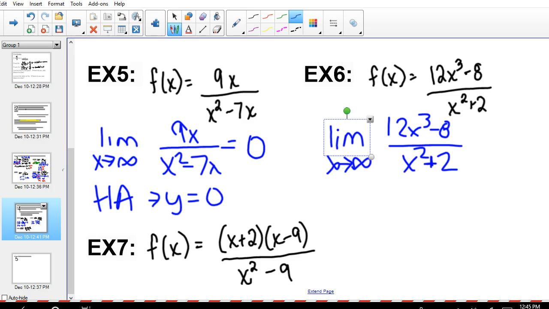In this particular case, because you've got a 12x to the third, that's your highest exponent, and that 12's positive, this limit would be infinity. But is infinity a limit? It is not. So this tells me that the graph goes up and up forever, which means there's no horizontal asymptote. So if you get positive or negative infinity for your answer, there is no horizontal asymptote.